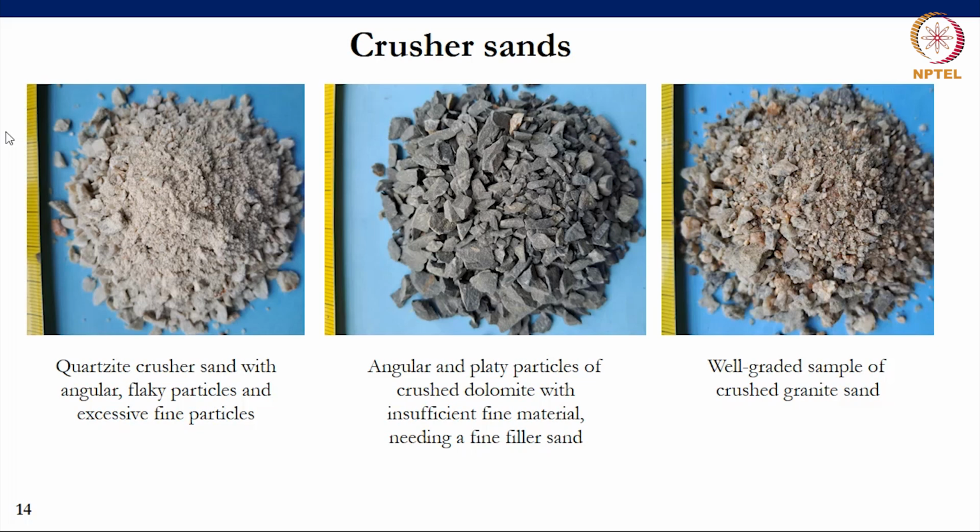And this is an example of a sand that would definitely need a fine filler sand in order to give it a better distribution on the fine end of the grading curve. On the right is a fairly well-graded sample of crushed granite sand. And again, you see good particle sizes, large particles, grading right down to very fine aggregate particles.